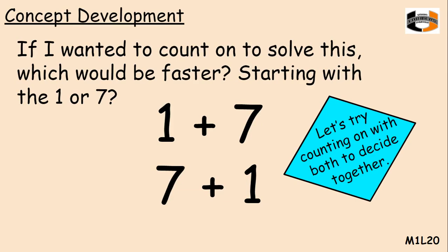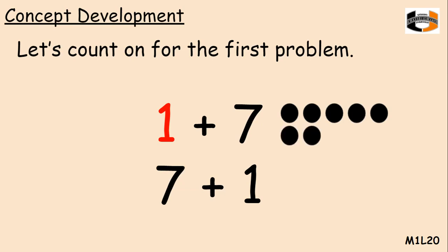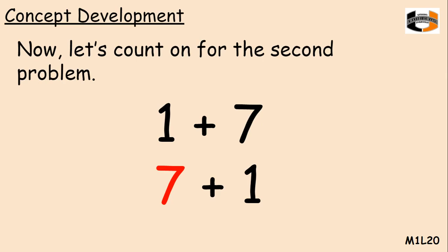Let's try counting on with both to decide together. 1, 2, 3, 4, 5, 6, 7, 8. All right, now let's count on for the second problem. 7, 8. Which one do you think was easier? Probably when the 7 was first, right? Because we only had to count on one more.